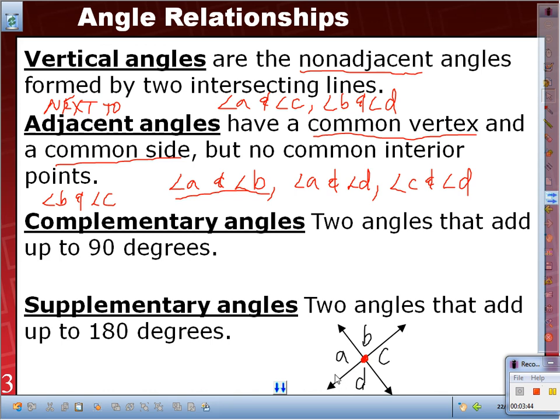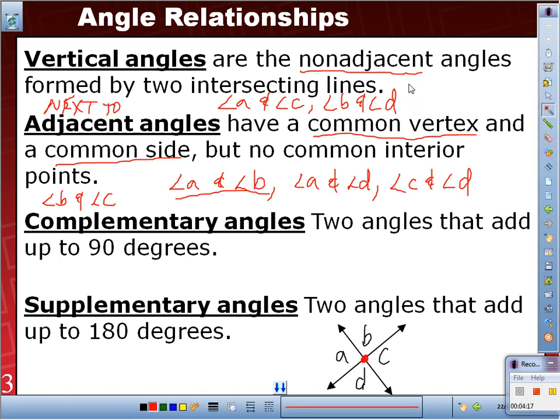Degrees. Yes, they measure the same. So therefore, a symbol that we use for that is this. It's an equal sign with a little wiggle. That means congruent, that they measure the same. So therefore, angle A is congruent to angle C, and angle B is congruent to angle D.